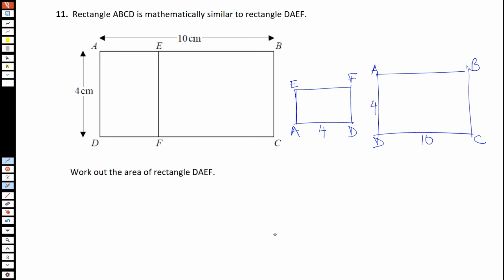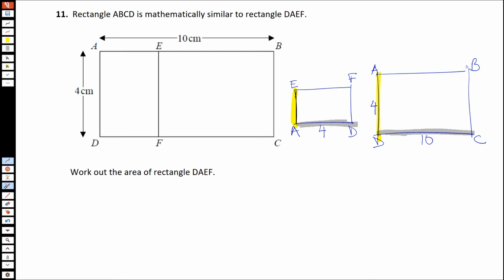So by looking at these corresponding sides, that corresponds to that, and also that side there corresponds to that. Then we can find the ratio of the corresponding sides, and from there we can move ahead and find the ratio of the corresponding areas, and then find the area of the required shape.